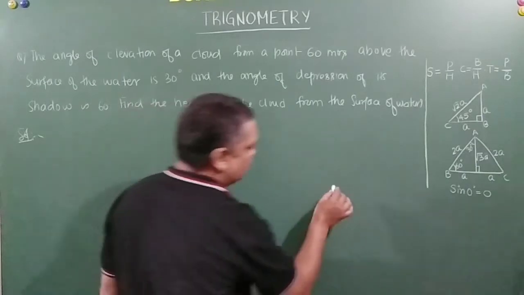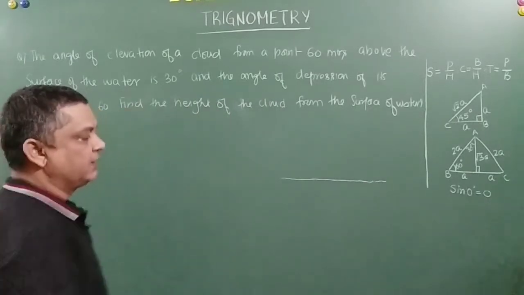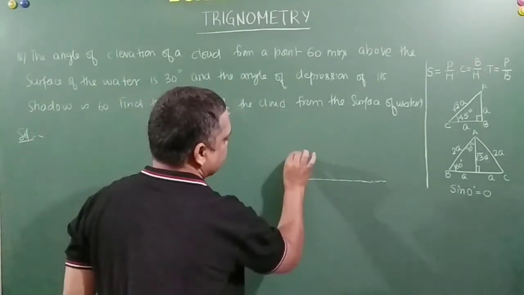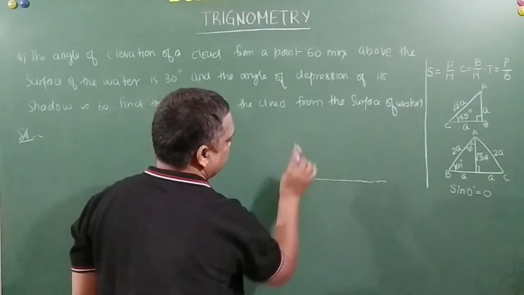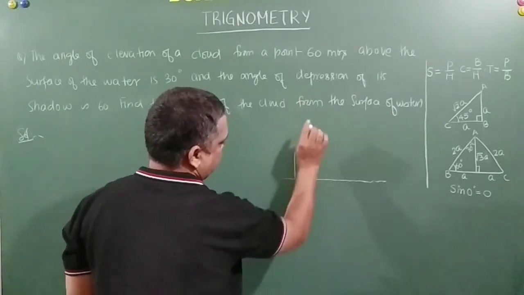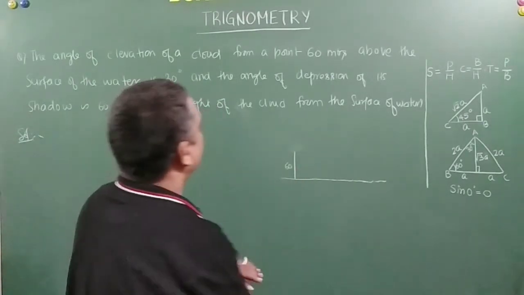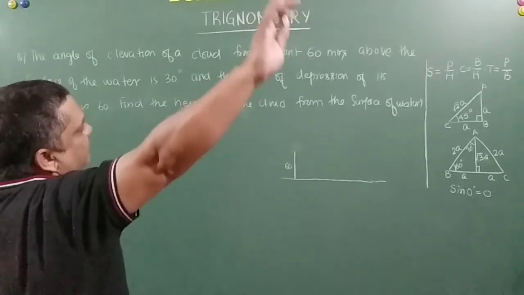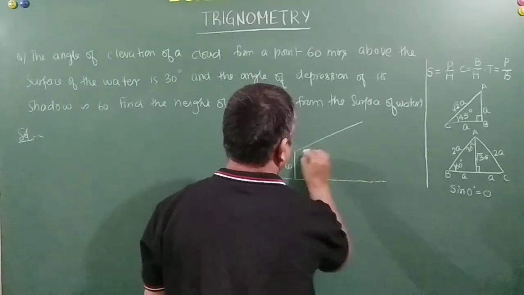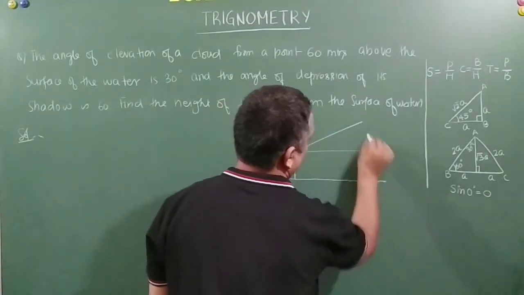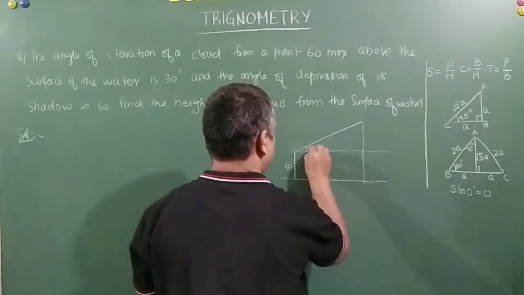Right. So let's say this is the surface of water, right? And the point is how many meters high? Let us say this is 60 meters high, right? Now what is happening is there is a cloud and the angle of elevation is 30 degrees. So this is 30 degrees angle of elevation.